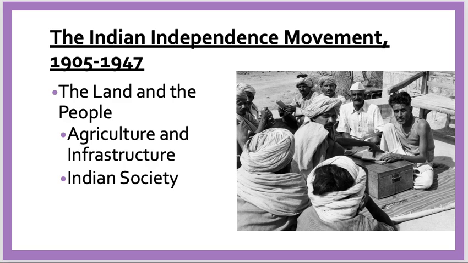We see that India continues to be a very patriarchal society, and one that continues to undervalue women. So the British tried to combat practices like child marriage and sati, which is the ritual suicide of widows.